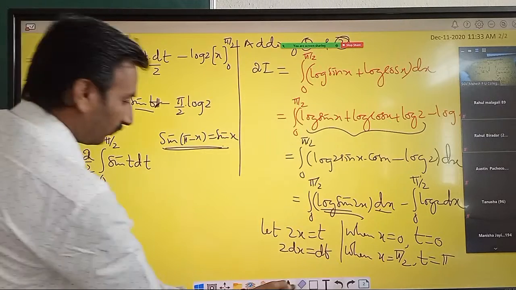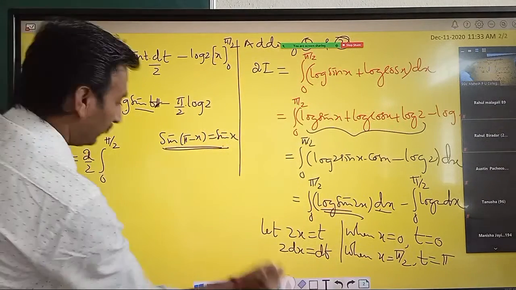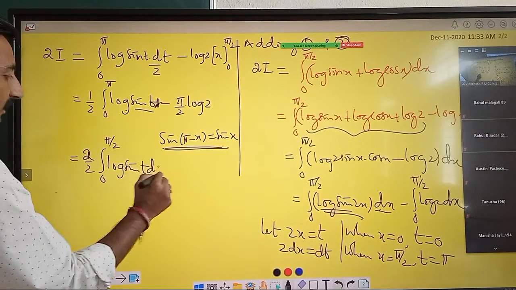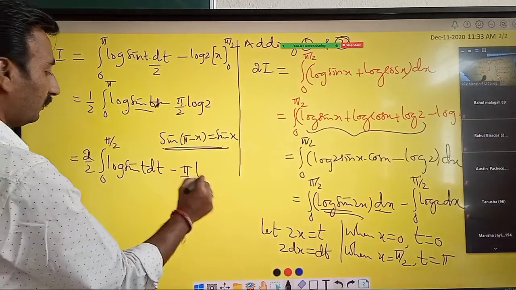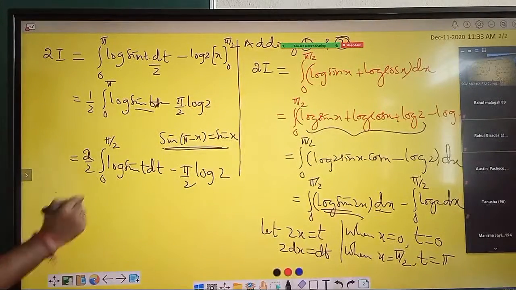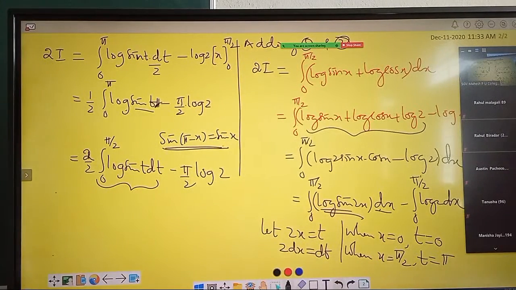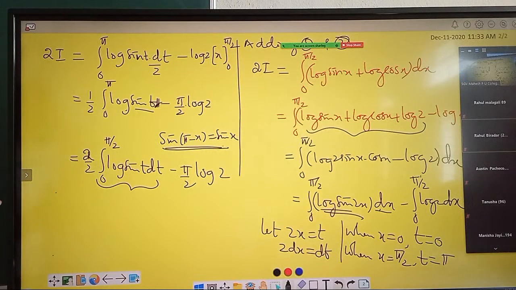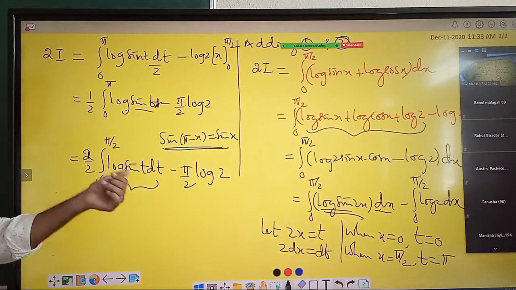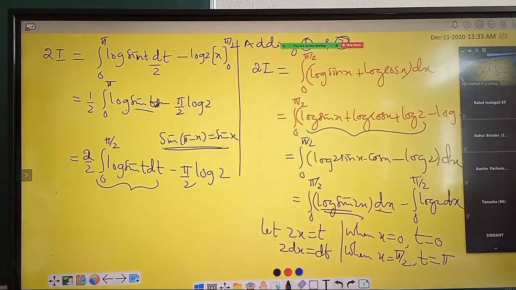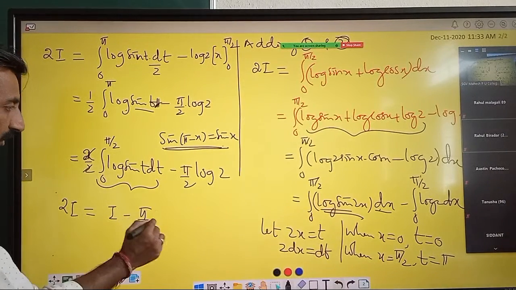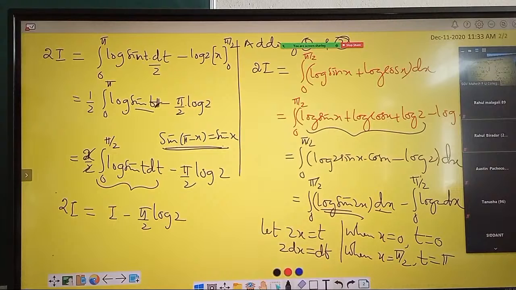I will write log, also correct, yes, it is log of sin t dt minus pi by 2 log 2. Then there is no issue at all in this one. t is a dummy variable, I can say directly x. Or else, if you still want one more step, you write t equal to x and then you can take I. But now this 2 cancels, and you have 2I equal to I minus pi by 2 log 2, correct?